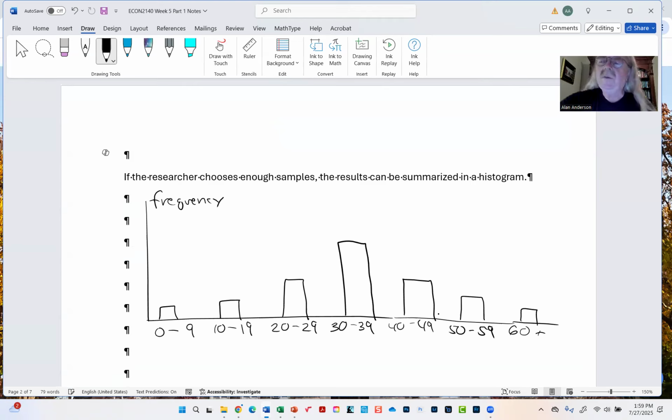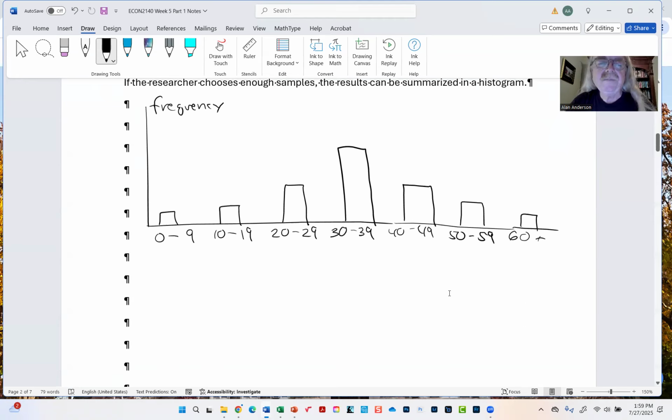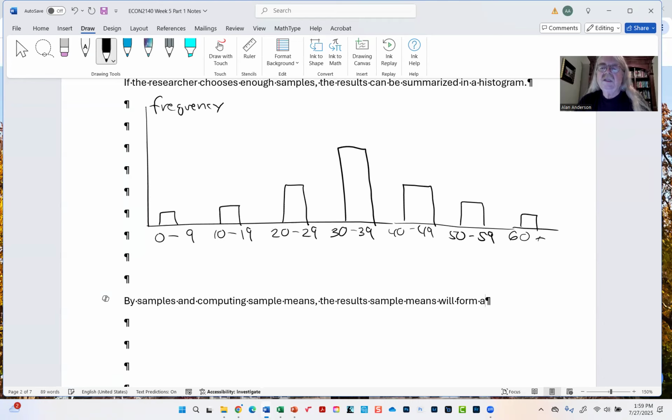Okay, so that's our histogram. Now, what we have here is a frequency distribution, but by choosing samples and computing sample means, the resulting sample means will form what's called a sampling distribution.